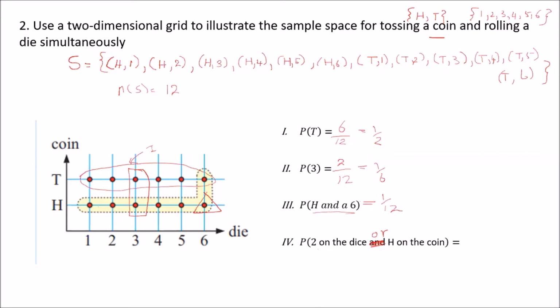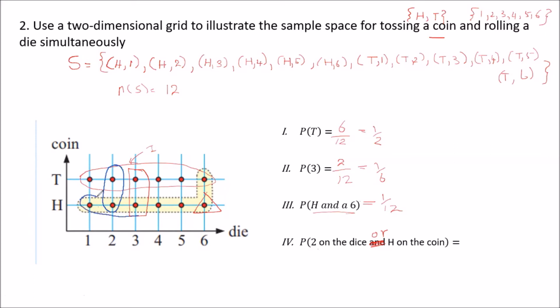How many events are there? 2 on the die means these 2 events. Now 2 on the die means this event. 2 on the die or getting head.